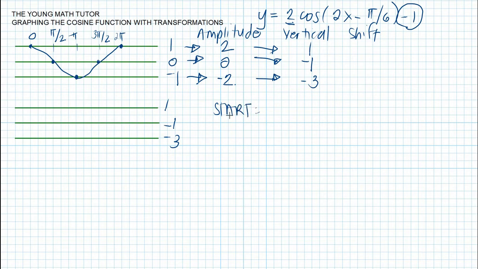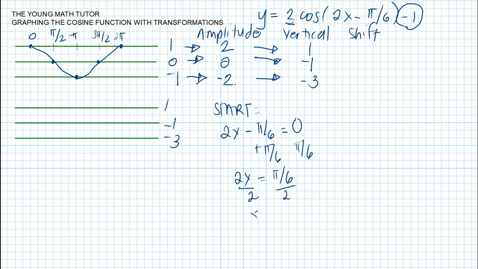So now what we have to find out is where our period will start and where it will end. So we know that it will start at 0, so that means that we have to equate the terms inside the cosine to 0. So that's 2x minus pi over 6 equal to 0, and that will give us a value for x, which is pi over 12. And then after identifying the start, we should also identify the end of the function.